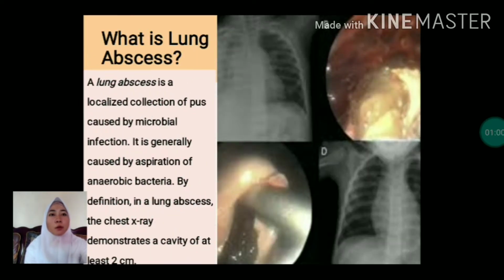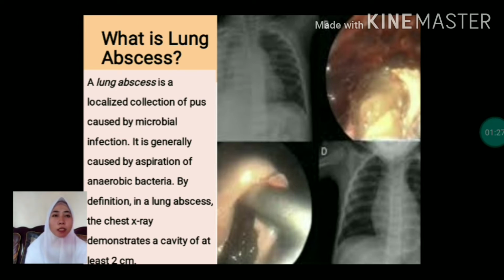So first, we are going to discuss what is lung abscess. A lung abscess is a localized collection of pus caused by microbial infection. It is generally caused by aspiration of anaerobic bacteria. By definition, in a lung abscess, the chest X-ray demonstrates a cavity of at least 2 cm.